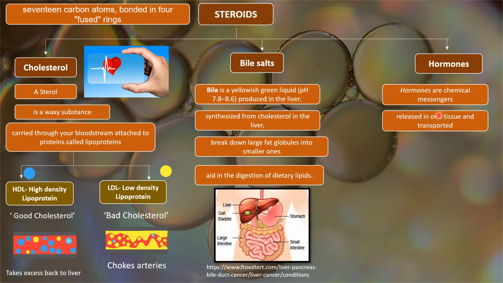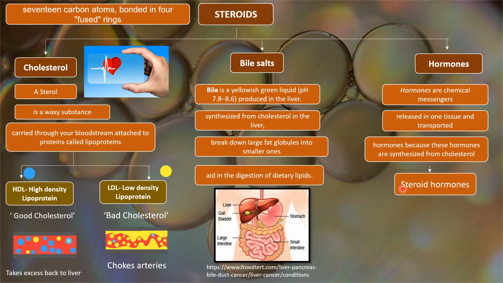So these are released in one tissue and transported to the other tissue, so that in a way they carry the message to carry out the action. Because these hormones are synthesized from cholesterol, and cholesterol is a steroid, therefore the hormone is also a steroid, right?